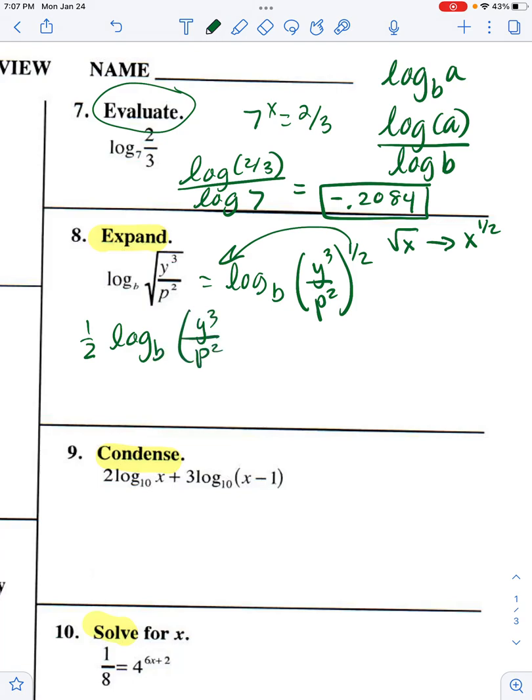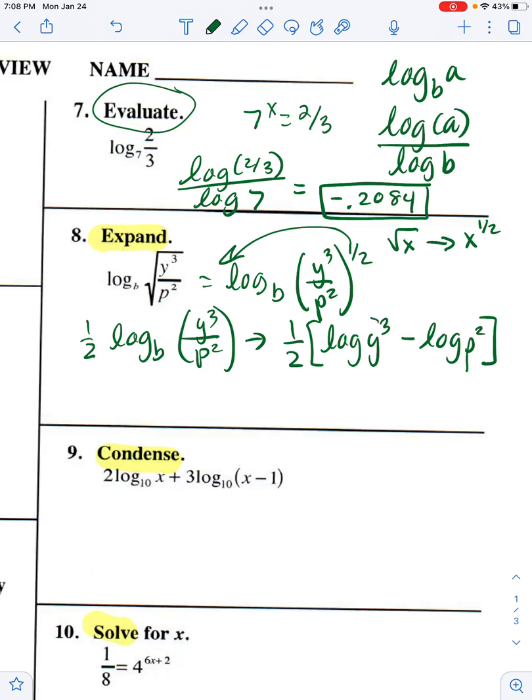And then I have the log of these two things that are put together with division. So according to my notes, I separate them using subtraction. So I'd have the half out in front of the log of y cubed minus the log of p squared.